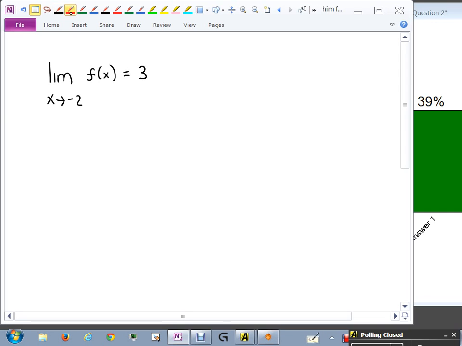It means we have a function. It means that, well, I should draw it this way. It means that if we go to -2 on the x-axis, and we imagine that there is like a vertical line, this is not part of our graph, that on this function, as we approach -2 from which side?